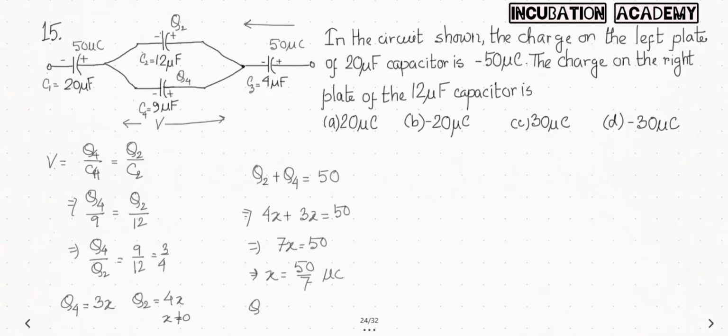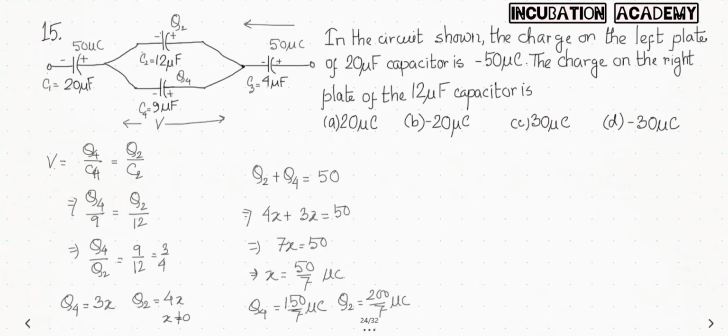So Q4 equals 150 divided by 7 microcoulomb. And Q2 is 4 times that x, that is 200 divided by 7 microcoulomb.